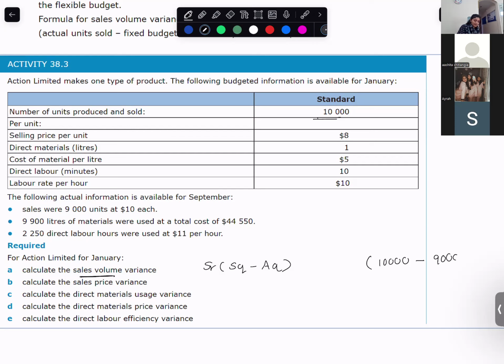Adverse or favorable? Adverse. How much? Into standard rate. What is the standard rate? Standard rate is 8. So sales volume variance is 8,000 adverse. Please try to do it yourself.